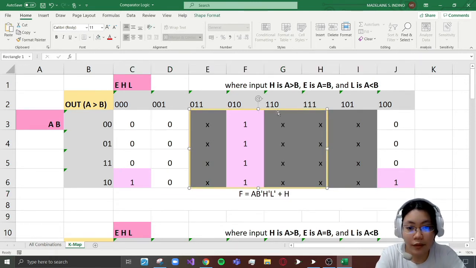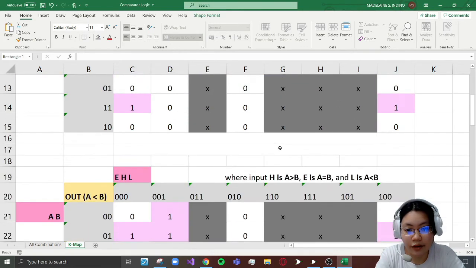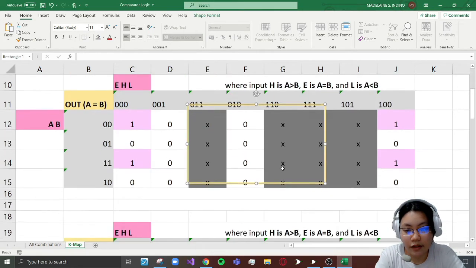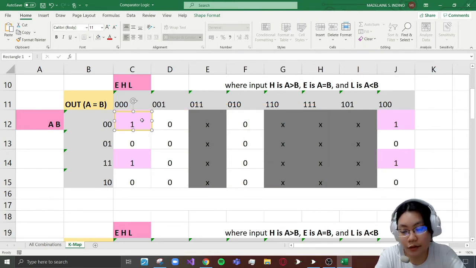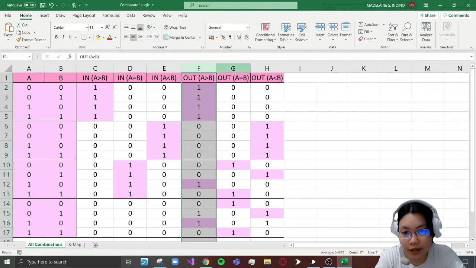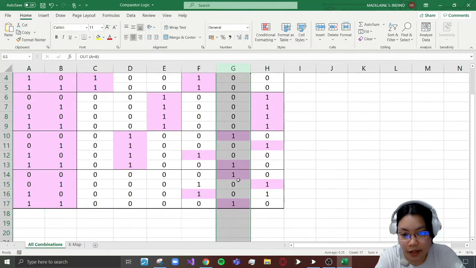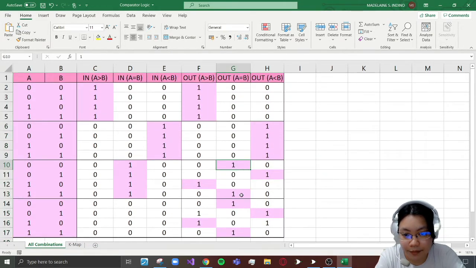Moving on to our next output. What is our next output? Okay. We have A is equal to B. And for A is equal to B, it's the column G. How many signals are turned on?